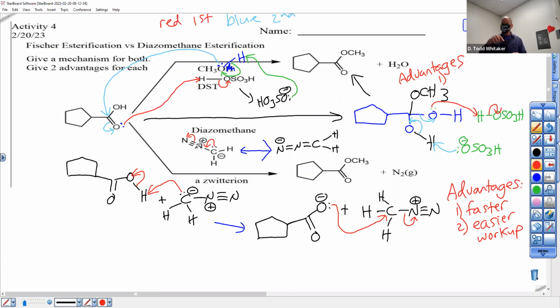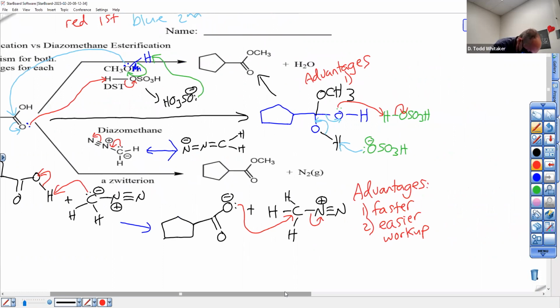Chemicals are more stable. For this top one, everything's got bottles of everything in the back room for that one. So chemicals are more stable, so it's safer and easier in that way. More shelf stable.